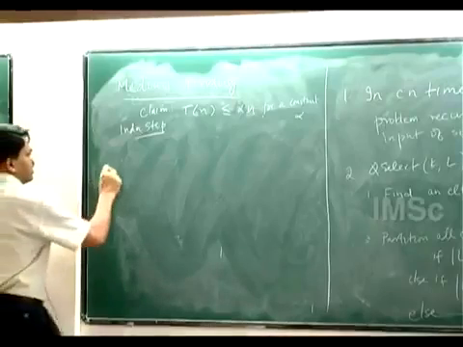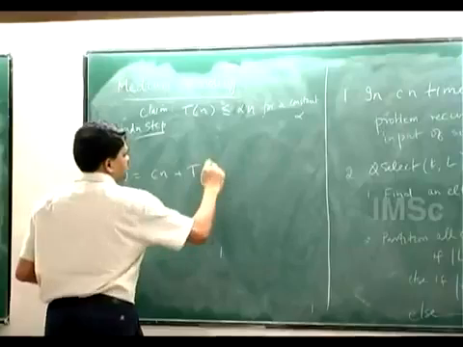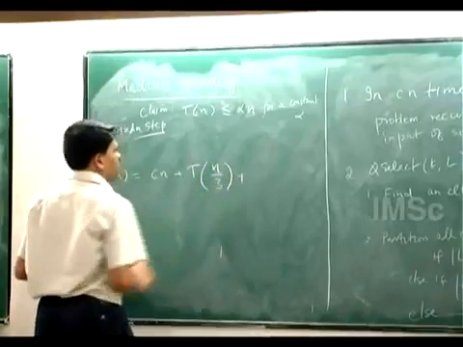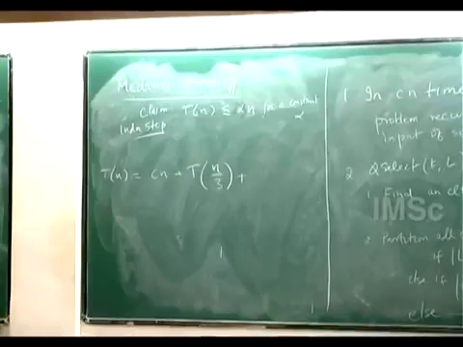So what would be my recurrence? Some cn plus... And what are these numbers? What can I guarantee?